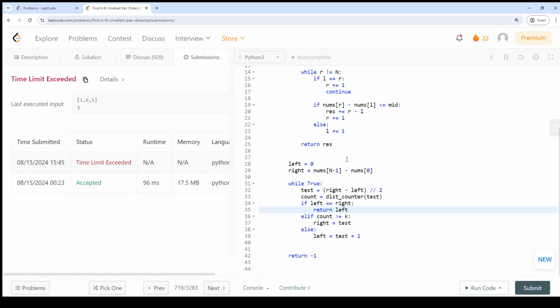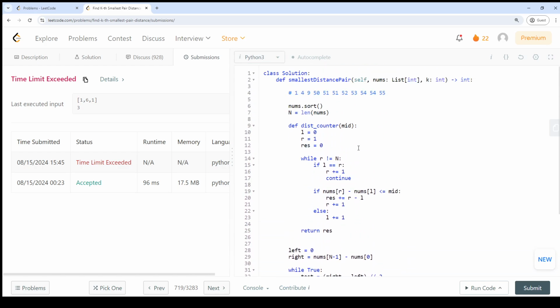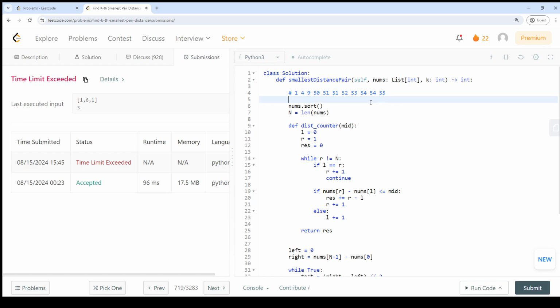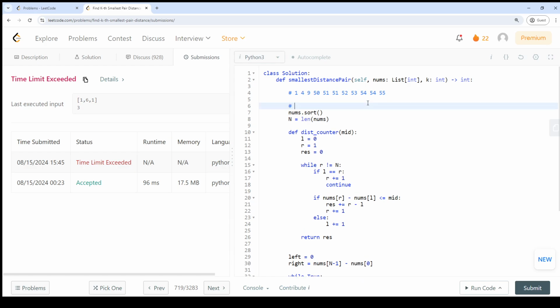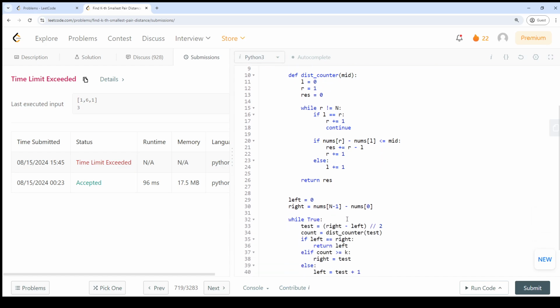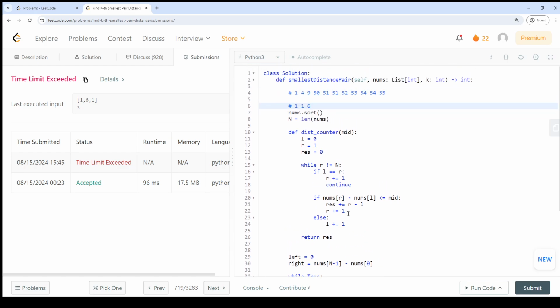In this case, we have 116, and I want to return 3. So I have 116 here. I will try with 6 minus 1, that's 0, and 5. 5 divided by 2 is 2.